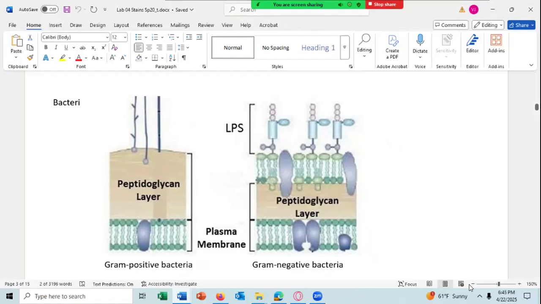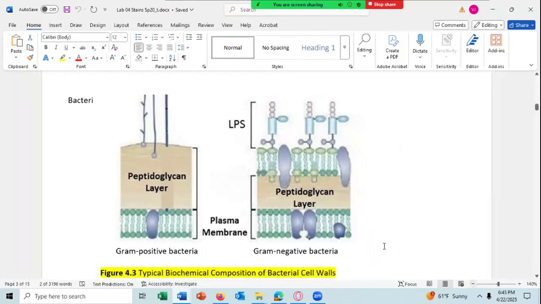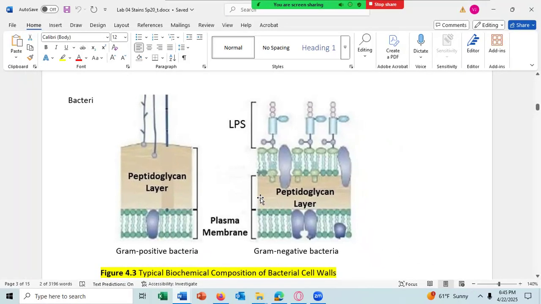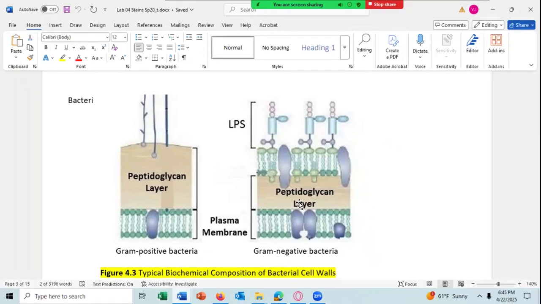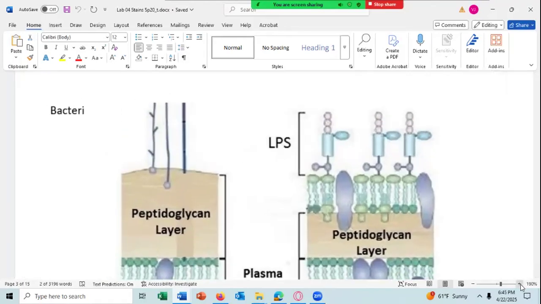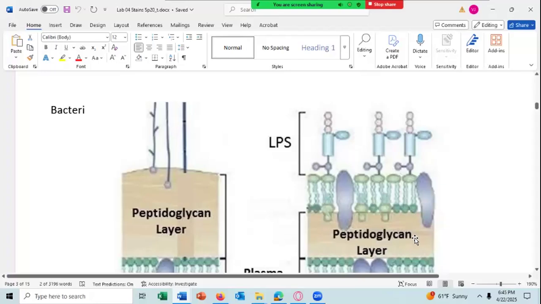I should warn you that the book and some of the pictures show you one layer of peptidoglycan. And in reality, the peptidoglycan layer of a gram-negative cell is at least 3 layers of peptidoglycan, up to about 20 layers of peptidoglycan. And right here, you can actually see, I can blow it up. You can see there's several layers of peptidoglycan in this. There's one there, there's one there. There's another one there, there's one there.